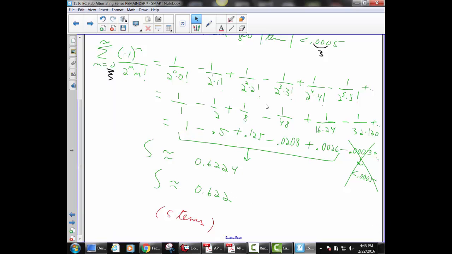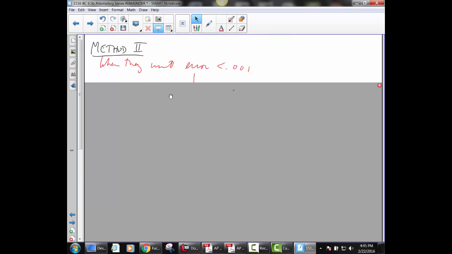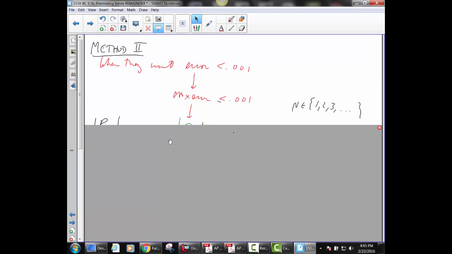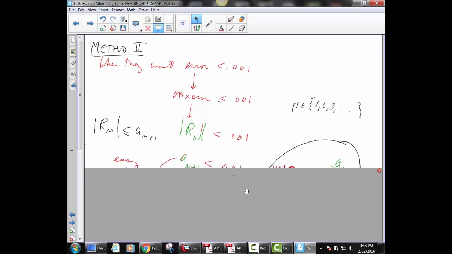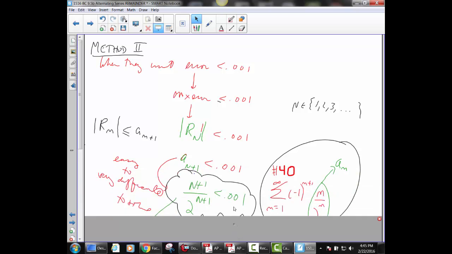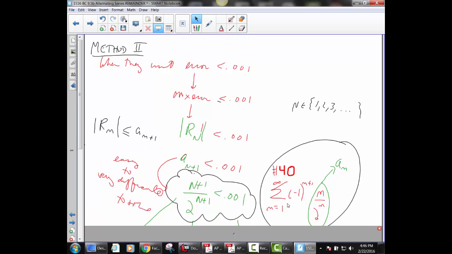But this is a lot of work, and if you didn't have a calculator, you would not want to be sitting there and dividing 1 by whatever 32 times 120 is. Method 2, if they want an error of less than 0.001, that means the maximum error has to be less than 0.001, which means the absolute value of the Rn has to be less than 0.001. And the absolute value of our Rn is, if we take, for example, number 40, where the series is -1 to the n plus 1 times n over 2 to the n.